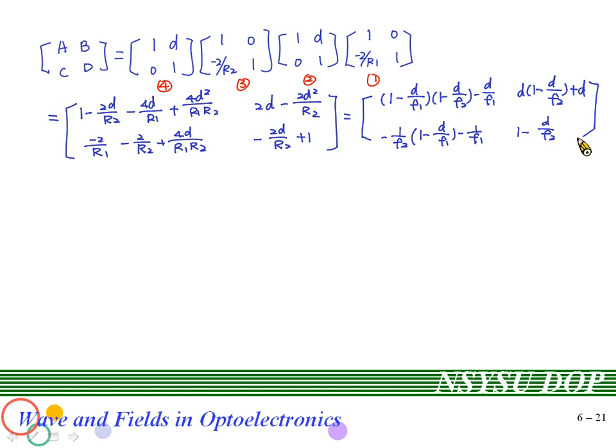From these two matrices, you can obtain each element in the total ABCD matrix.